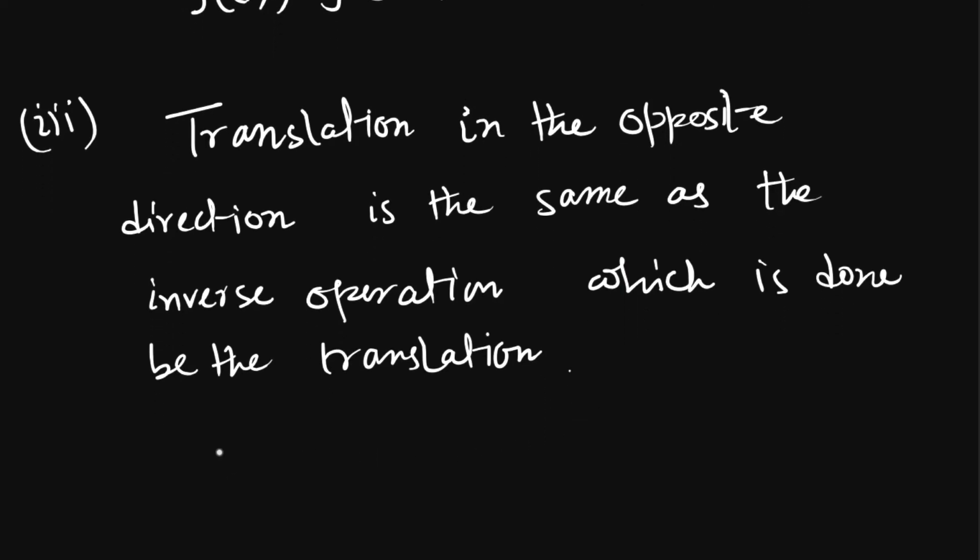That means translation in the opposite direction, tau minus dx, should equal the inverse of tau dx.